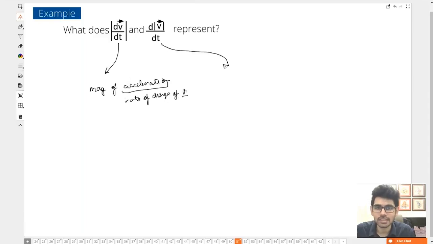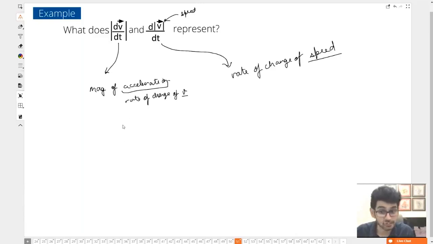And what is this? No magnitude is there, but it is the rate of change of speed. So this is acceleration, and this is rate of change of speed.